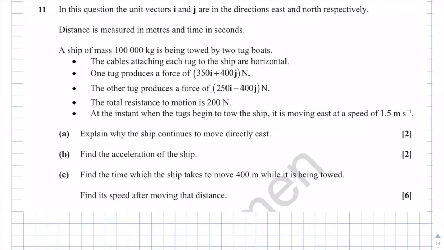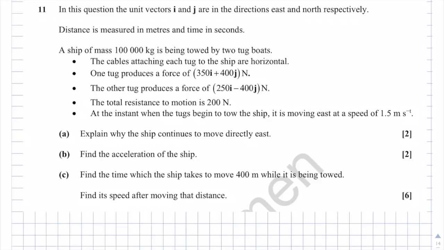Question 11 says, in this question, the unit vectors i and j are in the directions east and north respectively. Distance is measured in meters and time in seconds. A ship of mass 100,000 kilograms is being towed by 2 tugboats. The cables attaching each tug to the ship are horizontal. One tug produces a force of 350i plus 400j newtons.